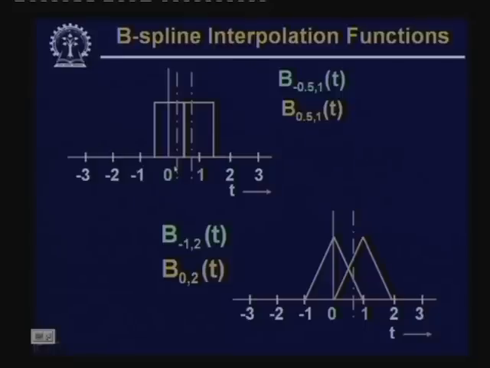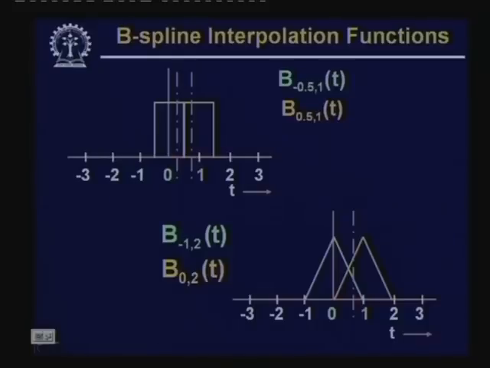So, as I said, for interpolation, when I consider the contribution of p 0 to any particular point, I will consider the B-spline function to be b minus 0.5 1 t for constant interpolation. So, it appears like this: for the contribution of p 0, I consider b minus 0.5 1 t.